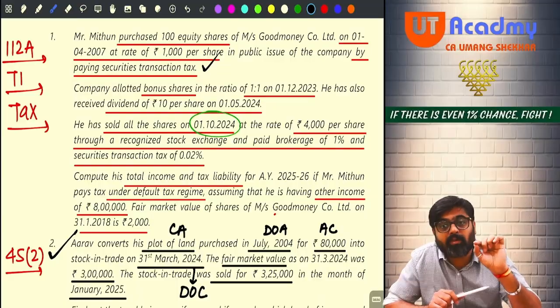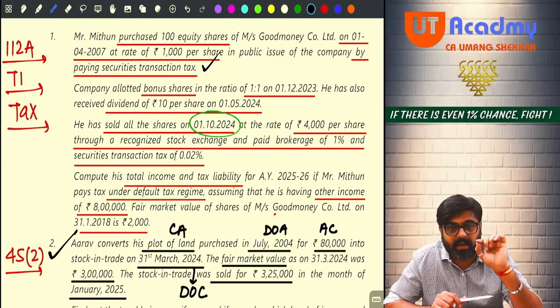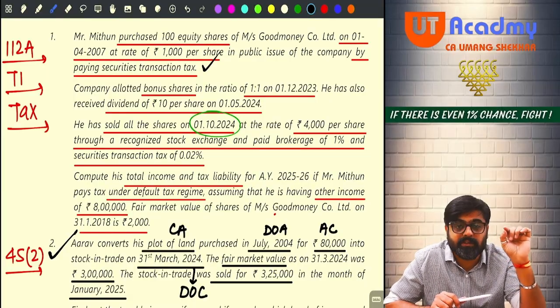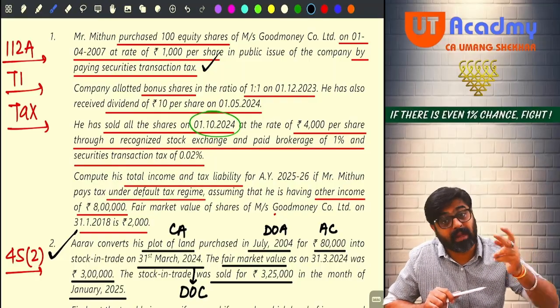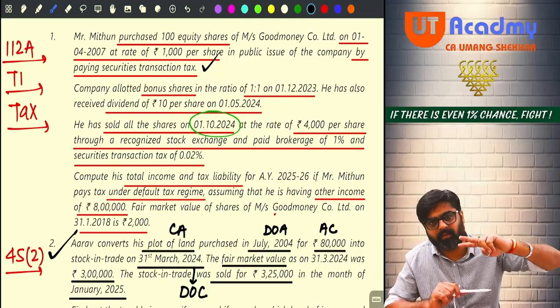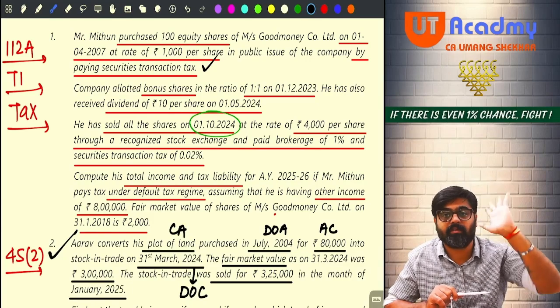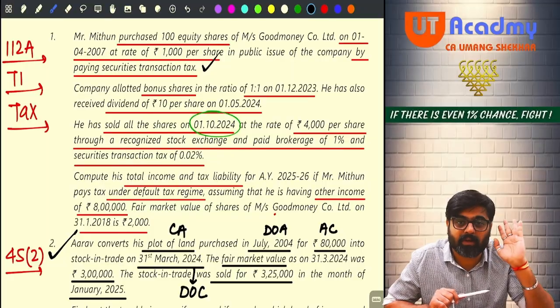Fair market value as on 31st January 2018, which I am going to take as my cost, 2 lakh rupees, cannot be more than the selling price. Is it more than selling price? No. So I can take fair market value of 2 lakh or actual cost 1 lakh, whichever is higher. So can I take 2 lakh rupees as my cost?